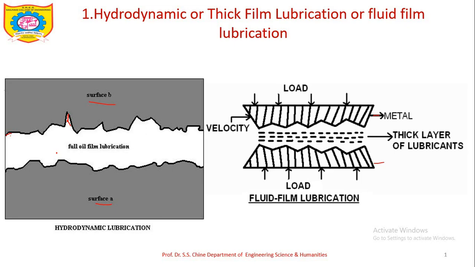It should fill the irregularities, and the second thing is that it should keep the two surfaces separate, and the coefficient of friction in such a case is extremely low, that is in the order of 0.001 to 0.03. So this is all about this first type of lubrication mechanism, that is hydrodynamic or thick film, or fluid film lubrication.